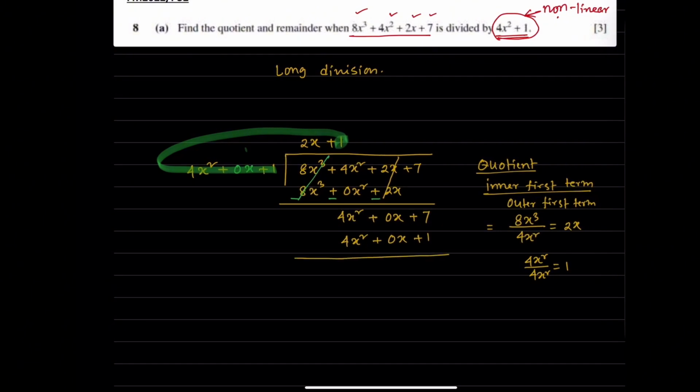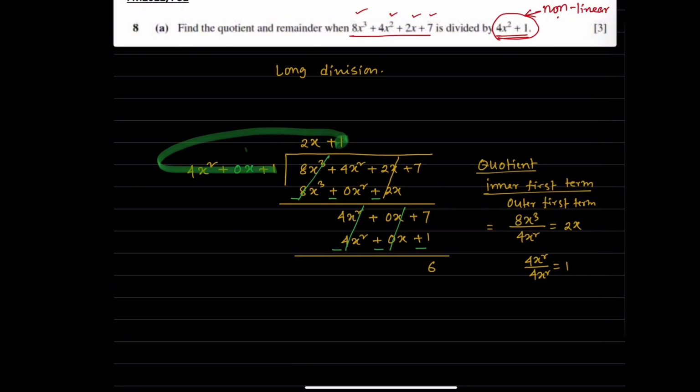Put your line and change the sign, minus, minus, minus. 4x square minus 4x square cancel out. 0x minus 0x is obviously of no meaning. Then we have 7 minus 1, so that would be 6.